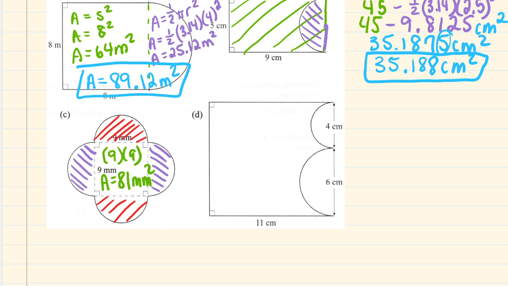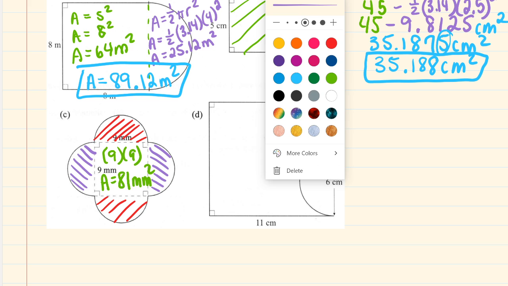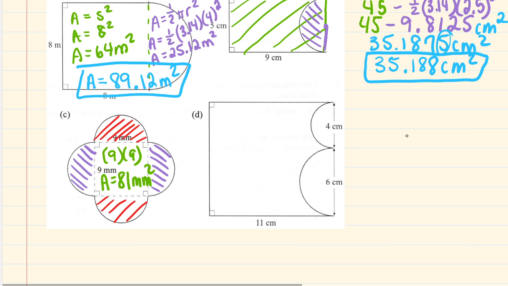So we're going to add the area of the green square to the area of 2 circles. So let's find the area of those 2 circles. Right, area of circles. Since we have 2 of them, I'm going to multiply it by 2.